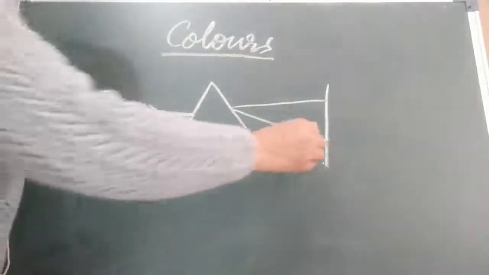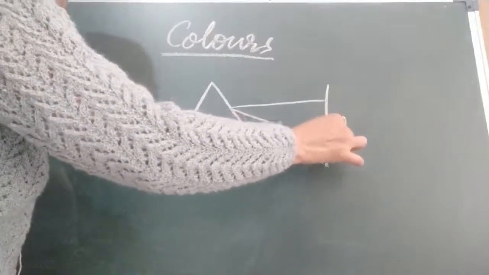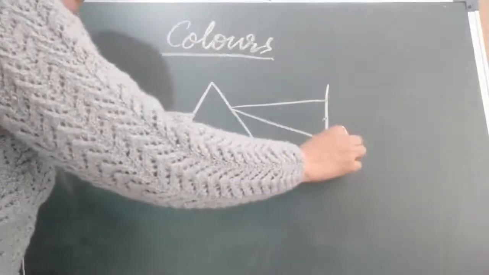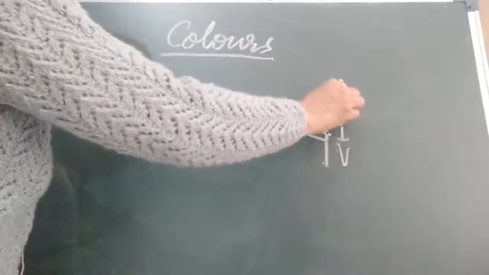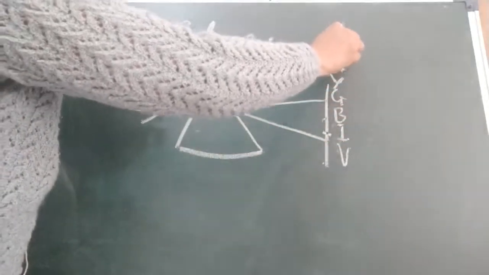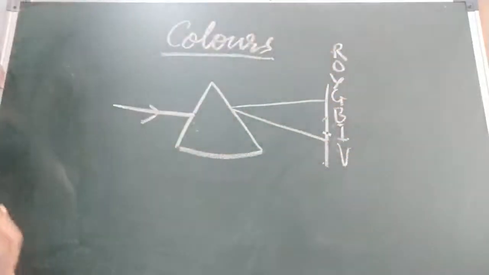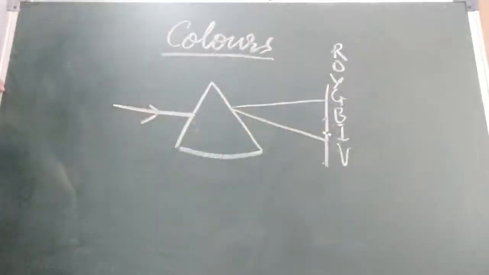What is the sequence? I am writing here clearly: violet, indigo, blue, green, yellow, orange, red. 1, 2, 3, 4, 5, 6, 7. VIBGYOR. So these 7 colors we get on the screen. This is called spectrum.